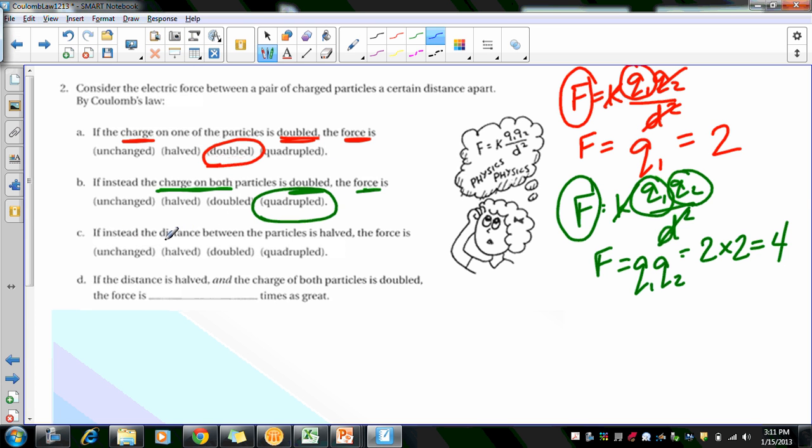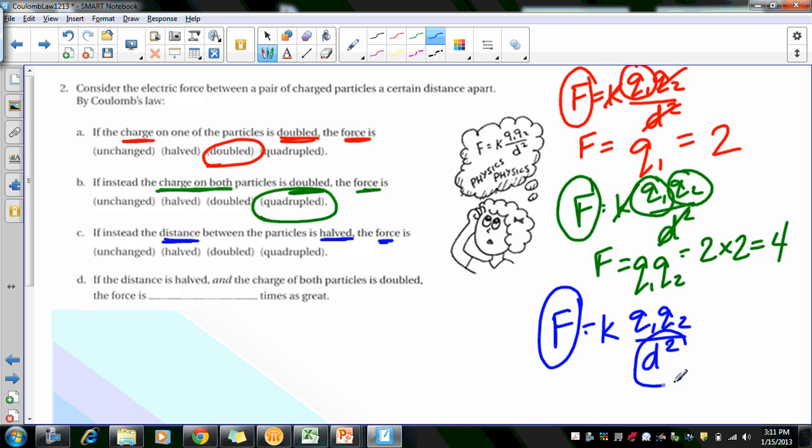If instead the distance is halved, how will the force change? Okay, so F equals K Q1 Q2 over D squared. So distance and force. Force, distance, nothing else changes.